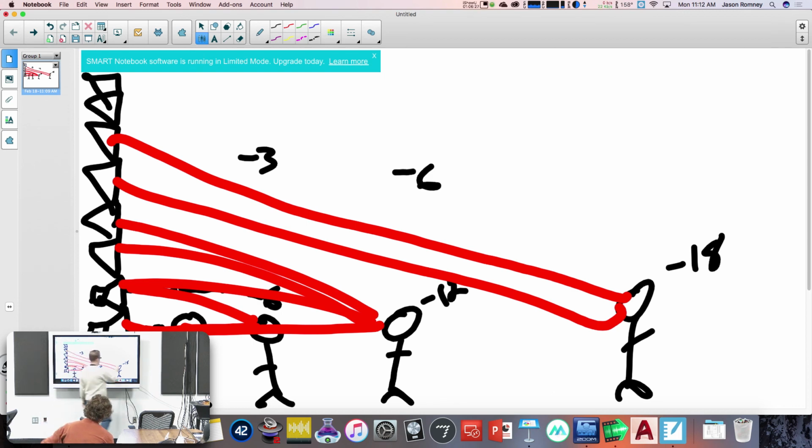Whereas this one, yeah, I'm down 18, but I gained another 3 dB for the other 4 drivers now that I hear. So now I'm only minus 12. Because the farther away you get, you're hearing more loudspeakers.